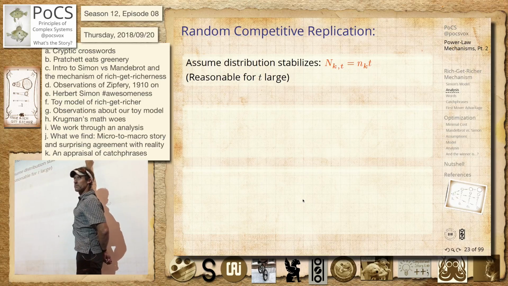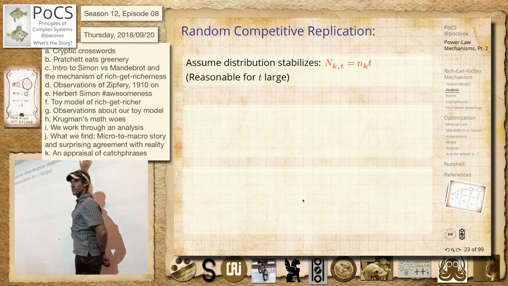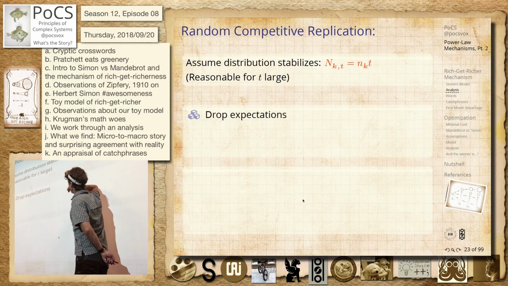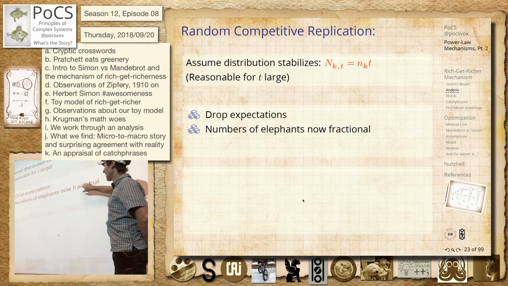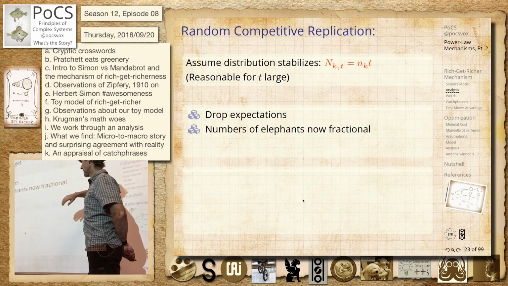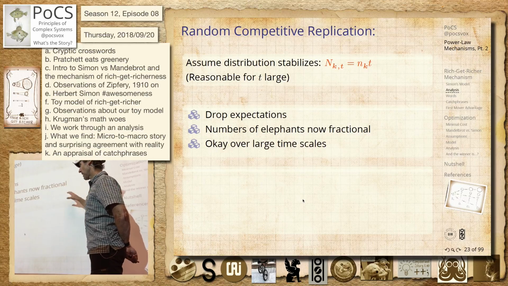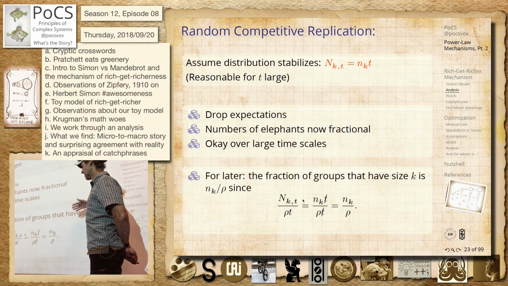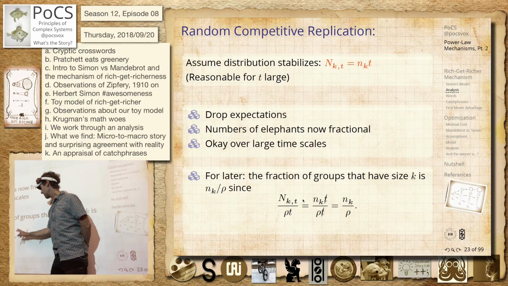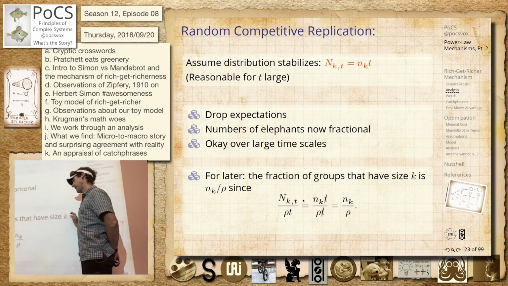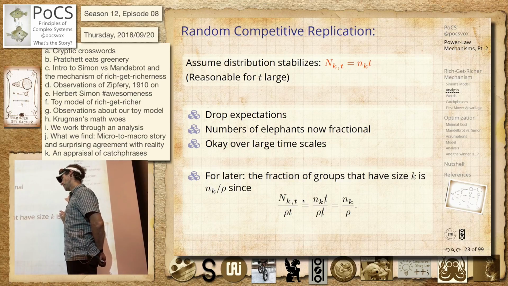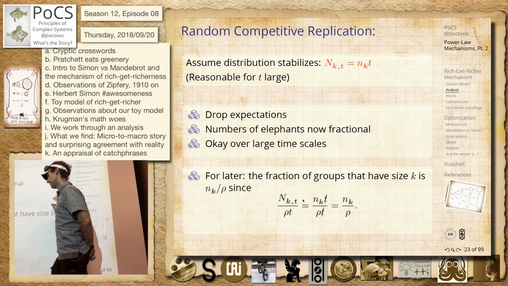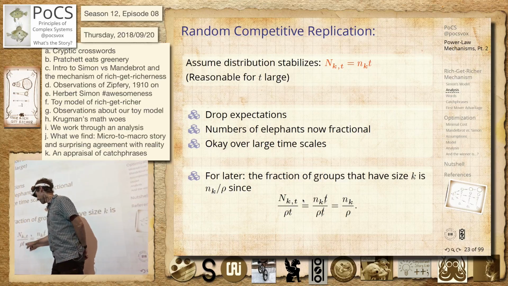May not work out, but we're going to try that. Drop expectations, and so now we have this weird thing where the elephants can be fractional, but it's okay over large time scales. We're going to say on average this is happening. This is for later. This is the number of groups that have size k. That's fair. This is simply the number of groups of size k.